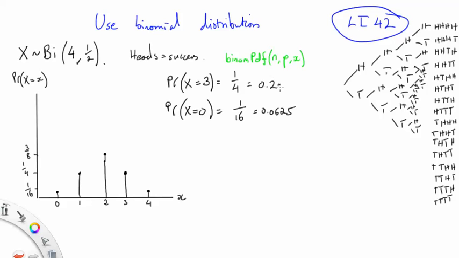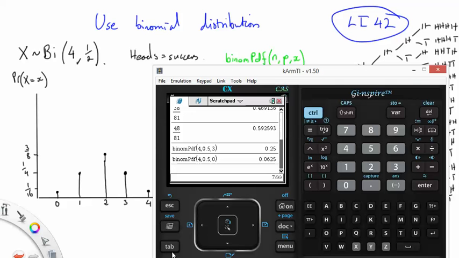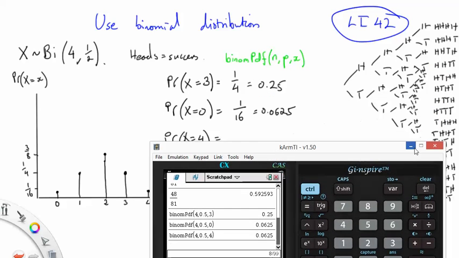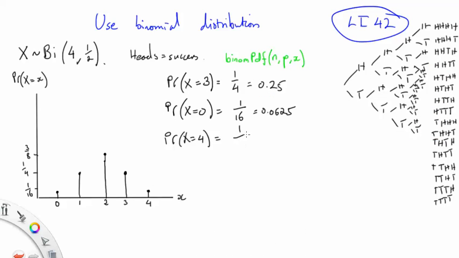Sometimes I ask for decimal for these. Alright, what's the probability of getting 4 heads? Let's practice again. Make sure you practice using that CAS. Binomial PDF, 4, 0.5. Was it 3 or 4? 4, yep. 4 heads, 1 on 16 again. Beautiful. So that's Binomial PDF.